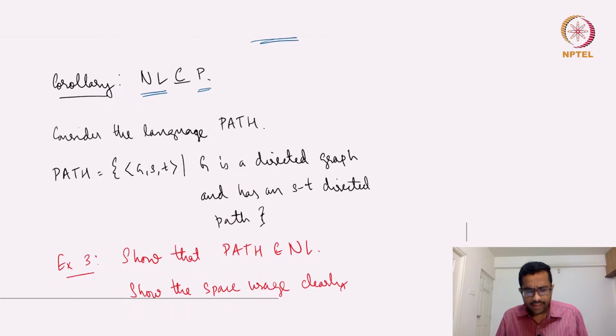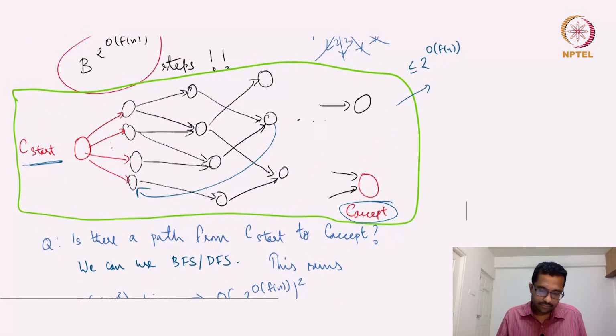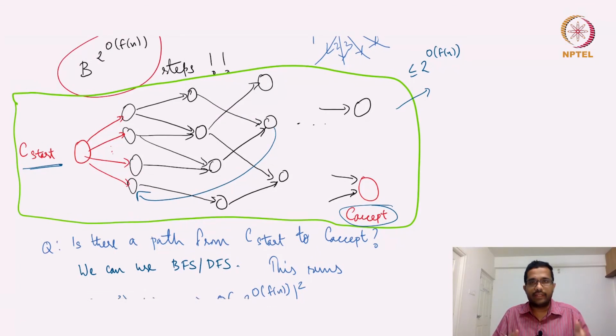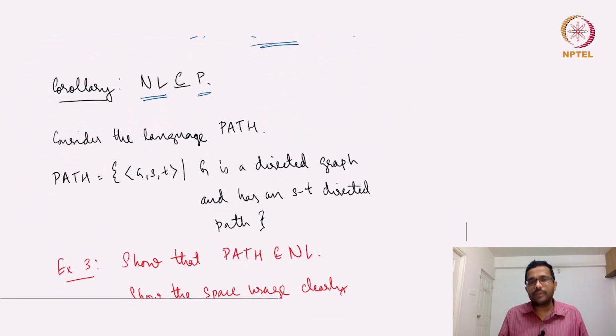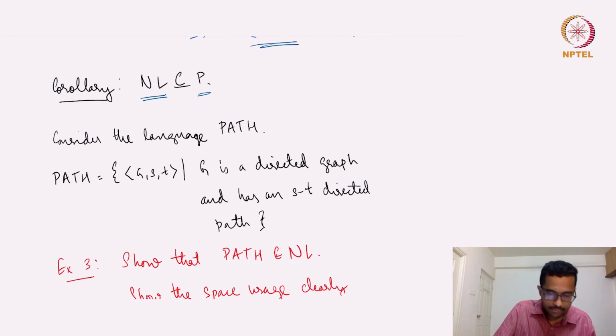So what is the exact problem that we had here? You are given a directed graph, and there is a specific vertex, and there is another specific vertex. Is there a path from the first vertex to the second vertex that I specified? This problem turns out to be important when studying space complexity, and we will call it PATH.